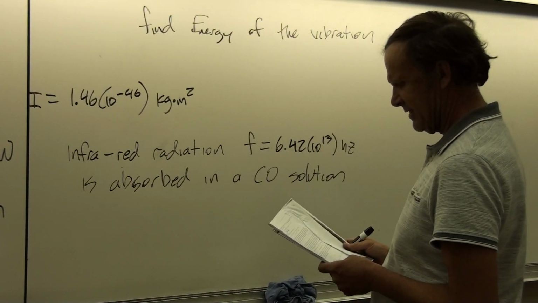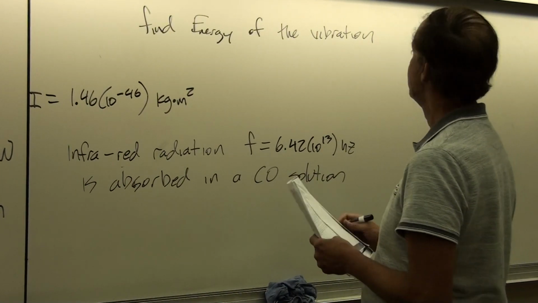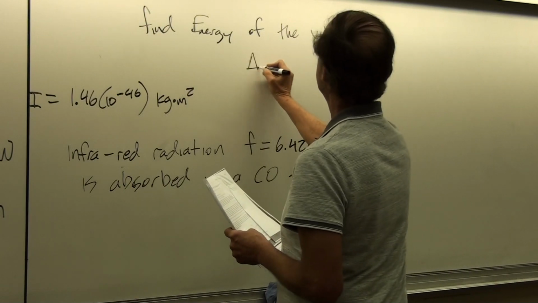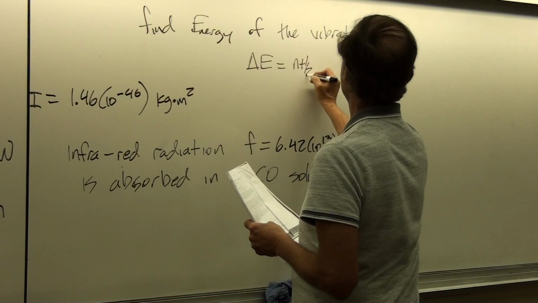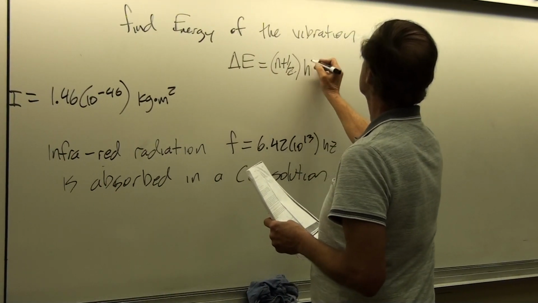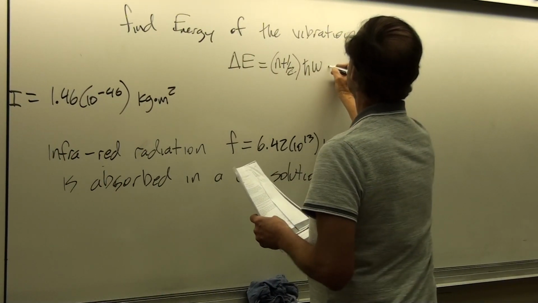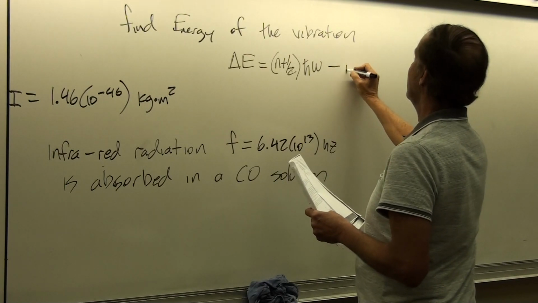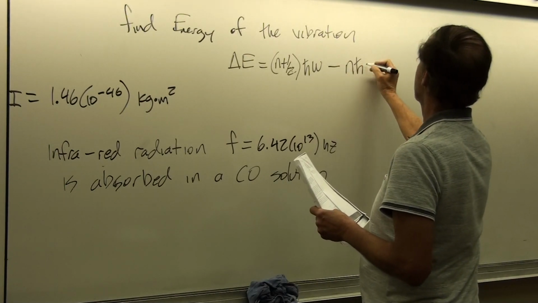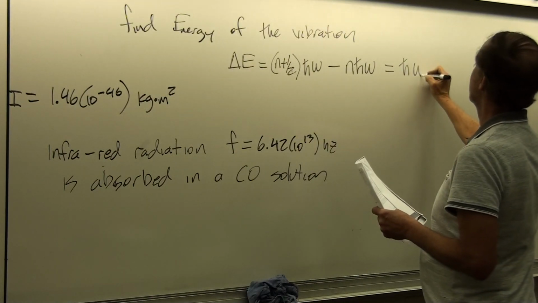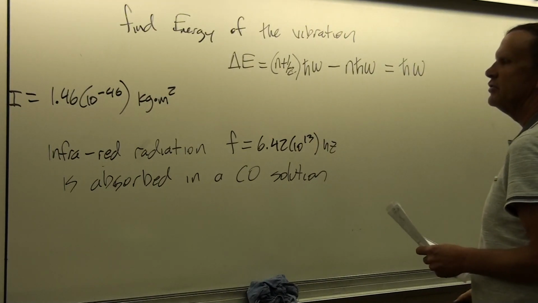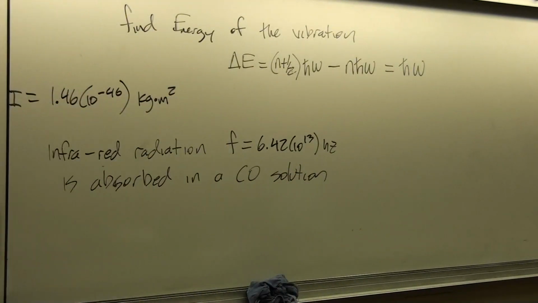So we can get that from the fact that delta E is equal to n plus 1/2 times h bar omega minus n h bar omega. And so that's just equal to h bar omega. So our difference in energy for a simple harmonic oscillator is just h bar omega, or Planck's constant times the frequency.